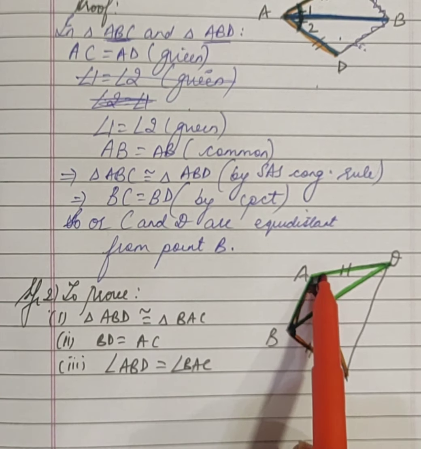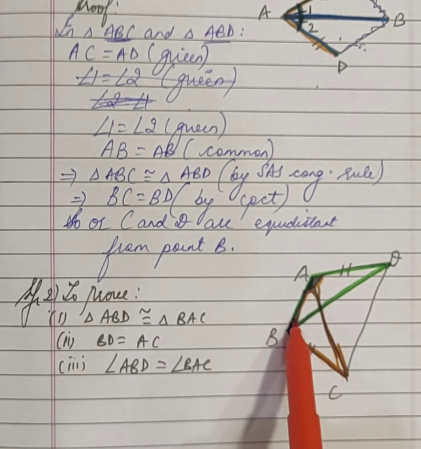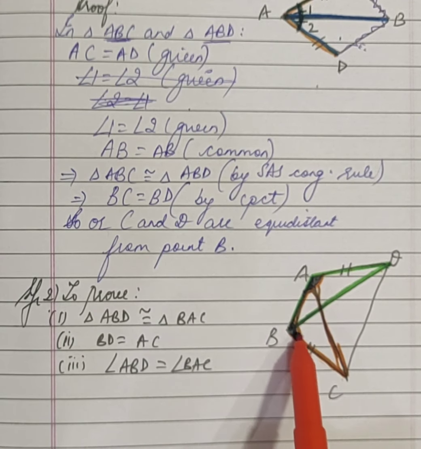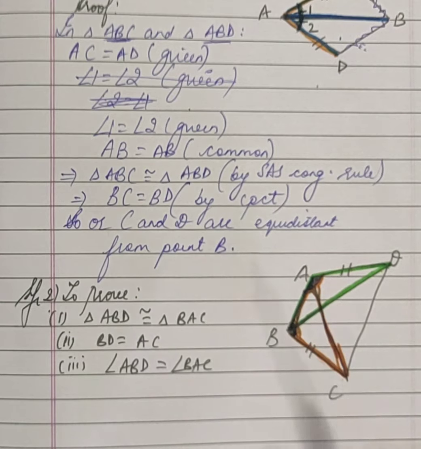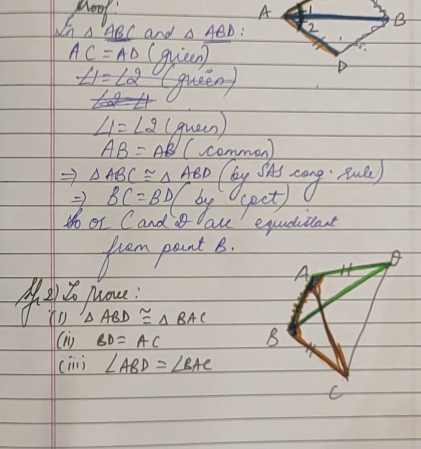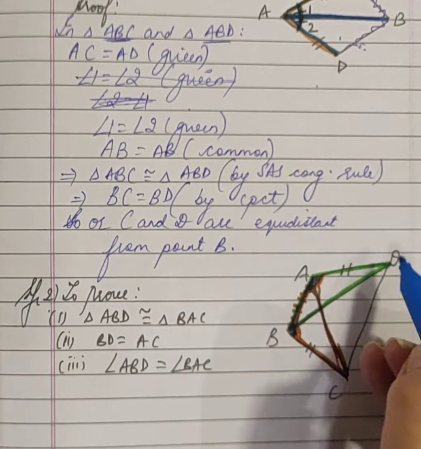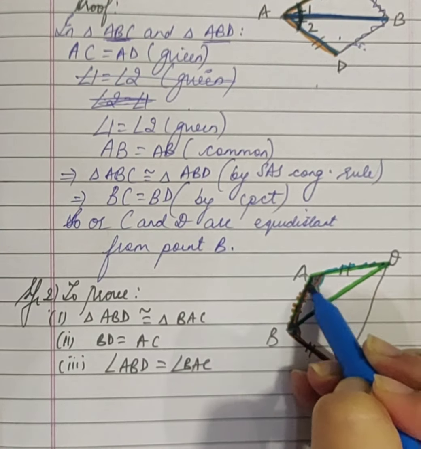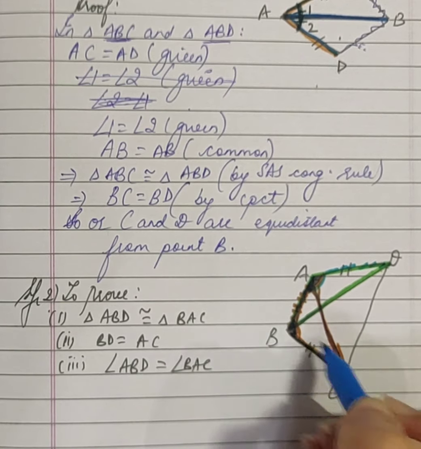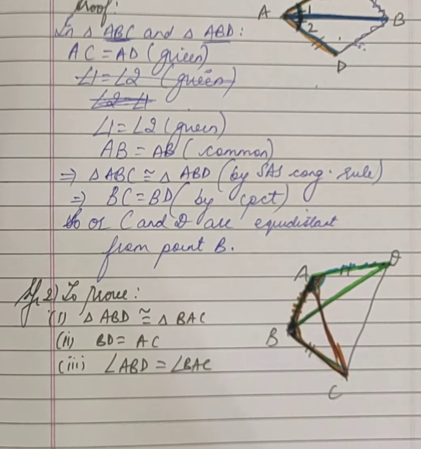This angle is equal to this angle. This is also given. This angle is a part of green triangle and this angle is a part of orange triangle. And the third condition is this AB is common in both the triangles, green as well as orange. So, by which congruence? By SAS. You can check in this triangle also. By SAS congruence rule, the two triangles are congruent.